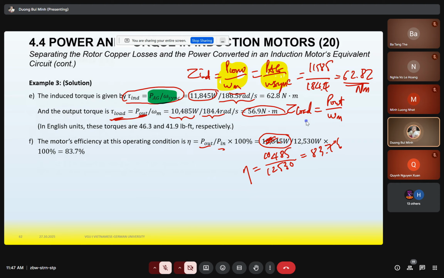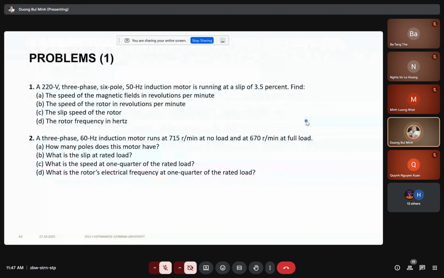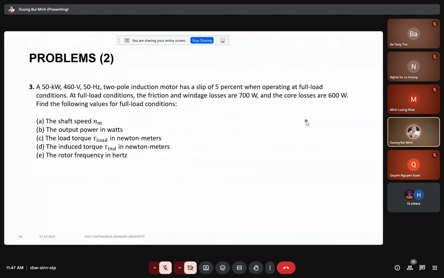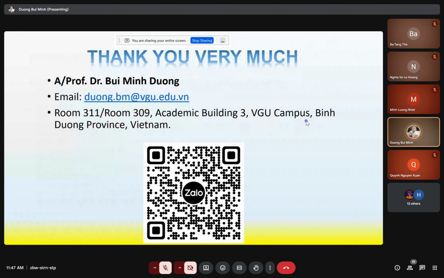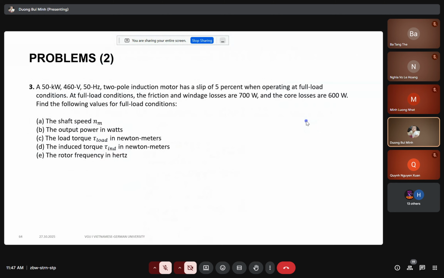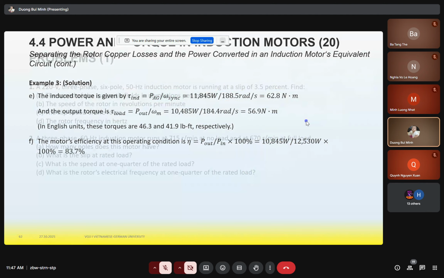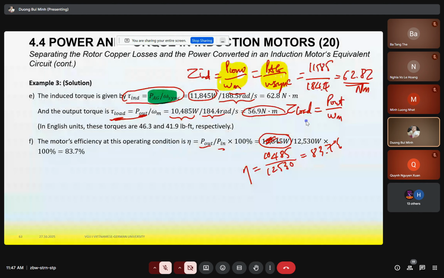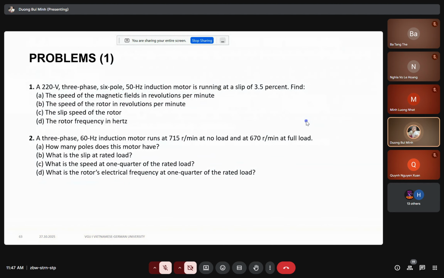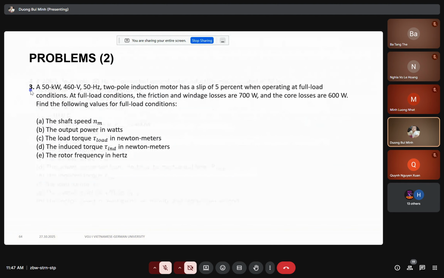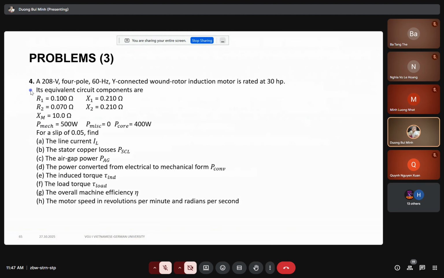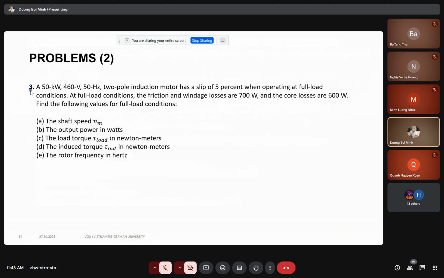Okay, if there are no questions, we will try to answer one of these homework questions. Remember we have homework with 4 questions.